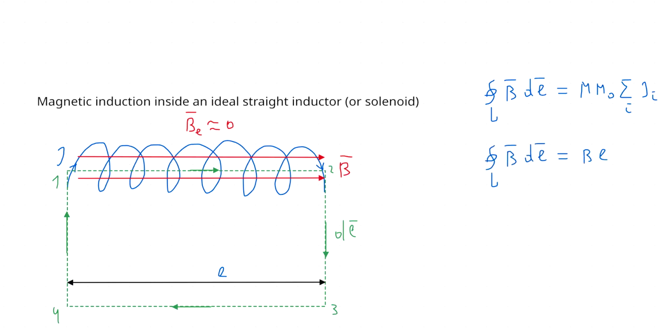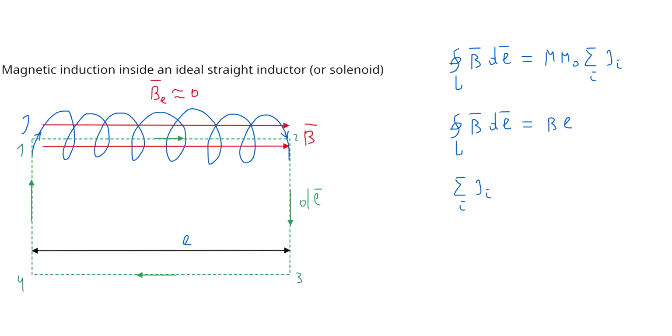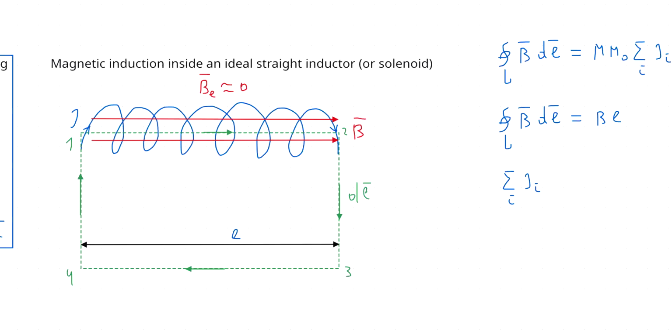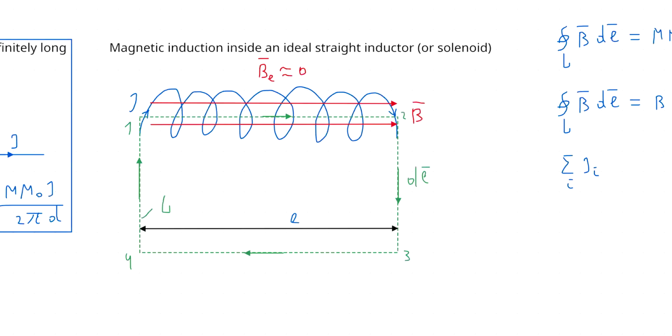Okay, and what about the sum of electric currents that pass through this circuit? This green rectangle is circuit L. This question is more difficult than before, because we have many coils.